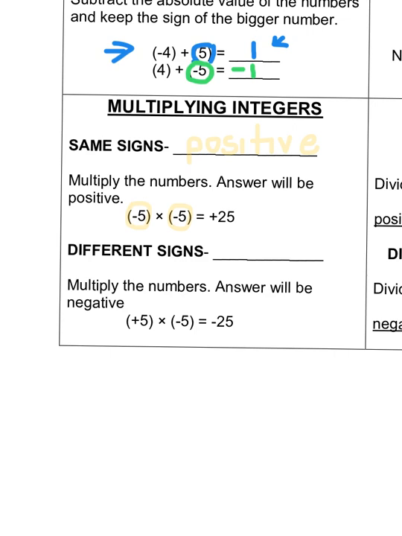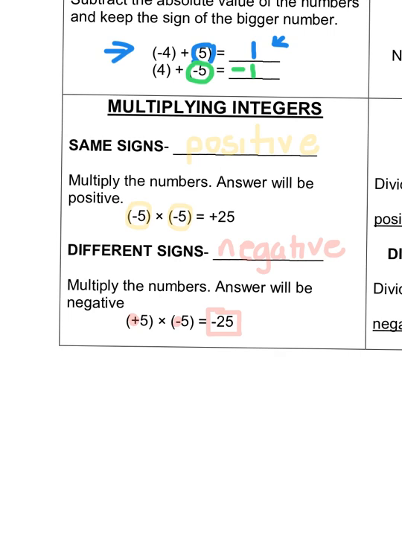But since they have the same signs, the answer will be positive. However, if you have different signs, the answer will always be negative. So you multiply the numbers. 5 times 5 is 25. However, because there's one positive number and one negative number, the answer will be a negative answer.